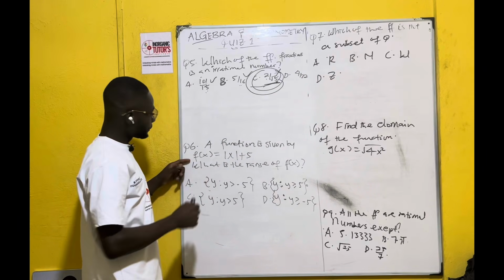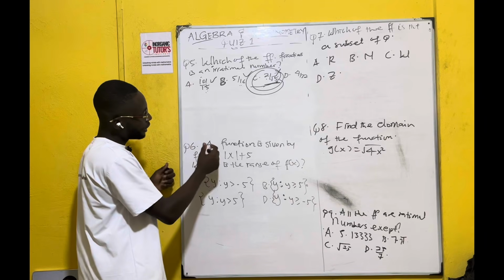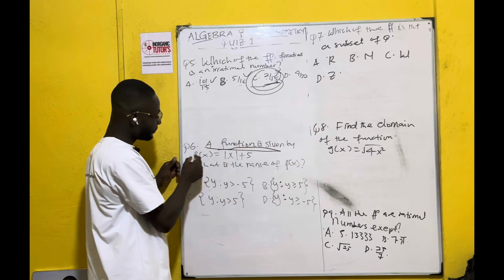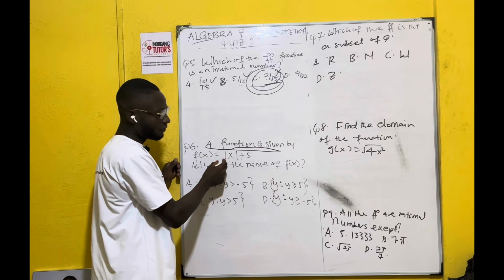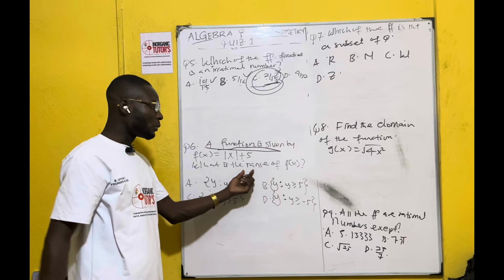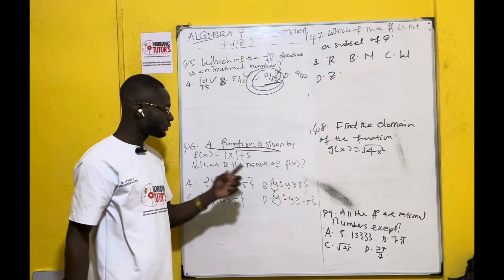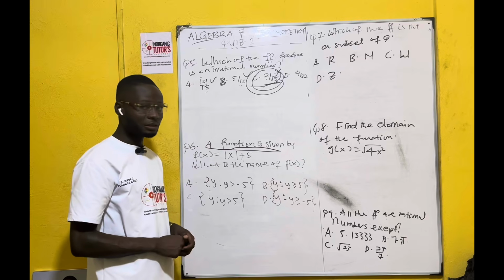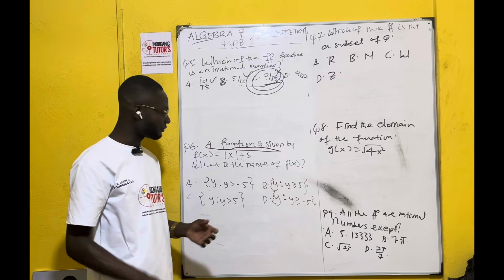Right, now question 6. A function is given by absolute value of x plus 5. What is the range of this function? This is a very good question that we have to look at.